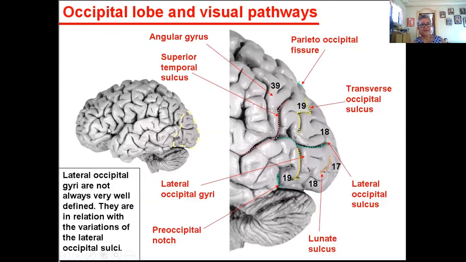So you have here, on the medial side, this line will represent the parieto-occipital fissure. So you have here the occipital lobe, then you have here the parietal lobe, and since you have your lateral sulcus of Sylvius, this will be your temporal lobe.